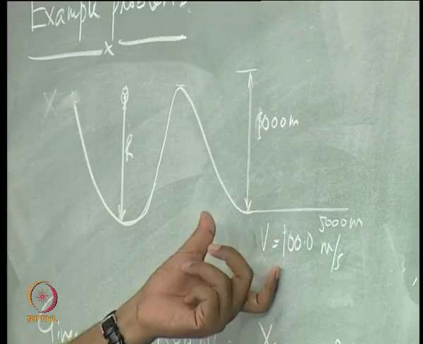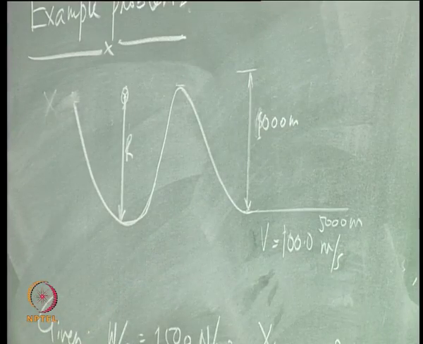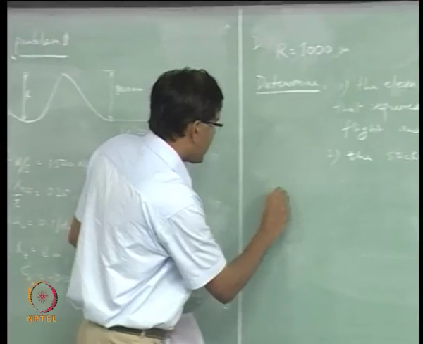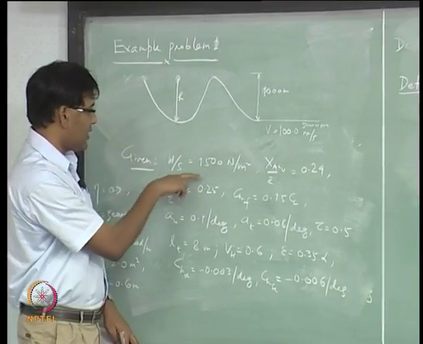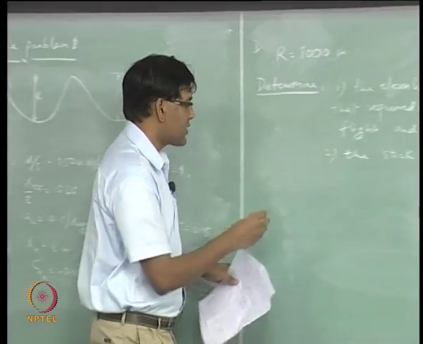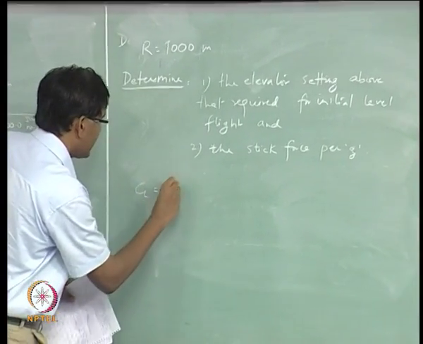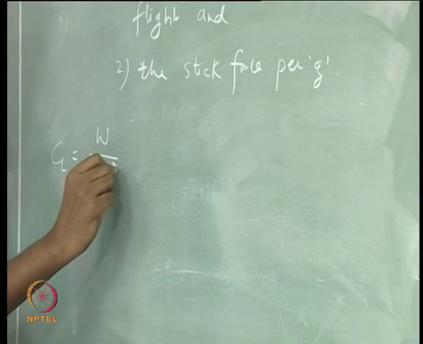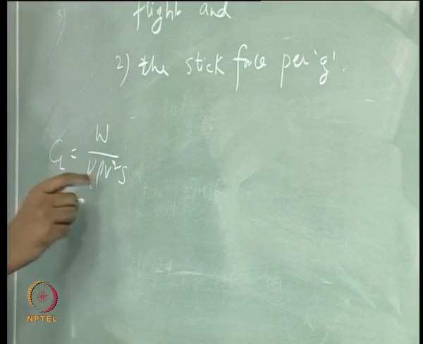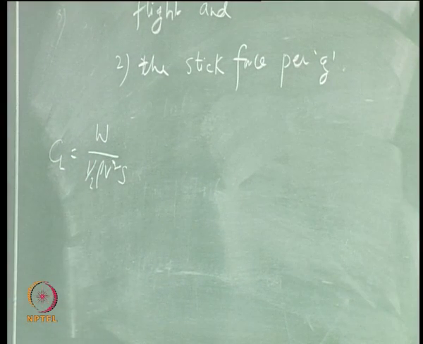You have the velocity, right. So, you can find out, you have this wing loading given, right. So, I can find out what is CL, which is this, rho is at 5000 meters, right.